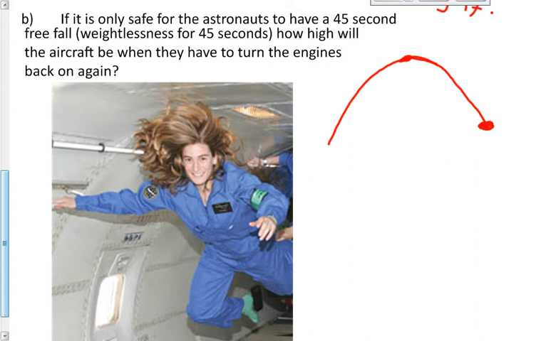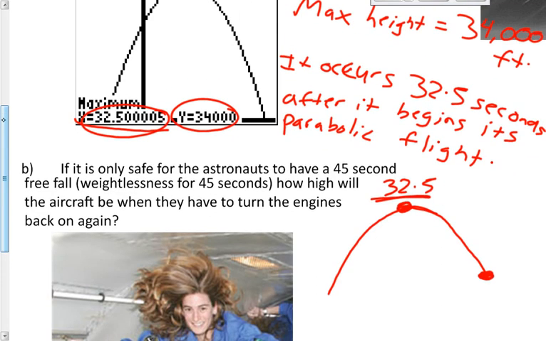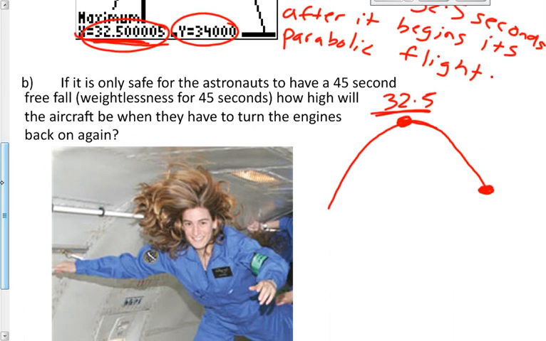So we want to find a y value. So class, if this point right here is at 32.5 seconds, we established that, right? That's the x coordinate, 32.5 seconds. That's how we got this one right here. If that's at 32.5 seconds, where is this x value going to be? After a free fall of 45 seconds, 45 seconds passes on this blue flight.